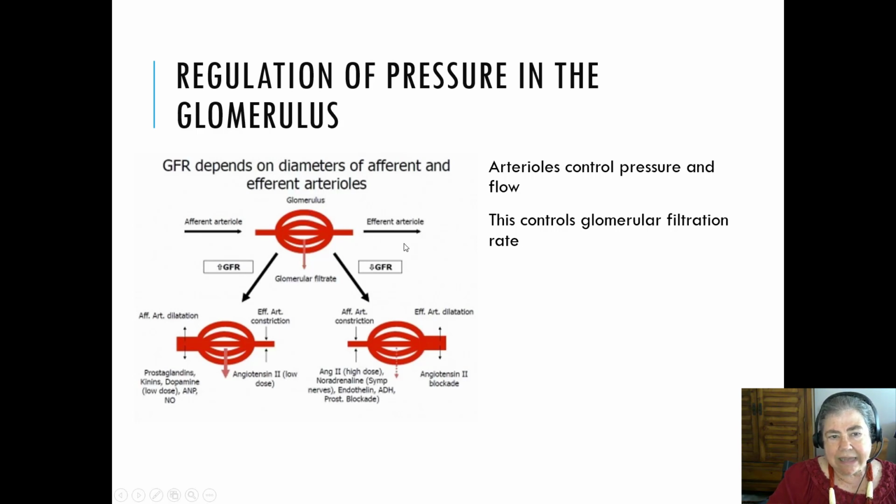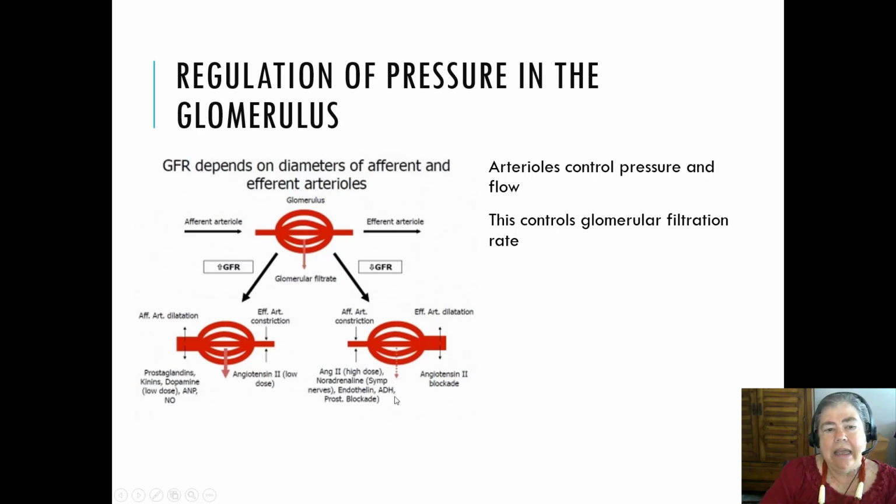On the opposite side, if we constrict the afferent arteriole, which high doses of angiotensin II do, also noradrenaline, sympathetic nerve discharge, other substances, something called endothelin, ADH, antidiuretic hormone, and things that block prostaglandins.